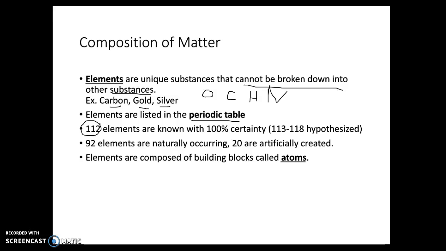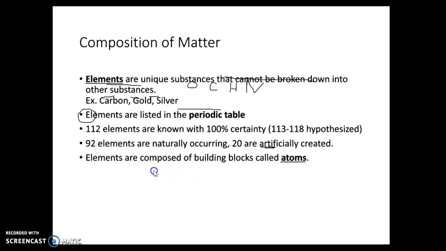There are some that are merely hypothesized. 92 are naturally occurring. 20 of them are artificially created. And again, elements are composed of building blocks, which are called atoms. So an element can't be broken down into any other substance, but multiple atoms come together of these elements to make structures.